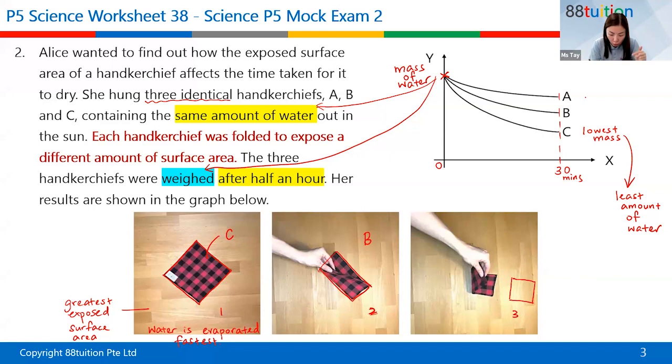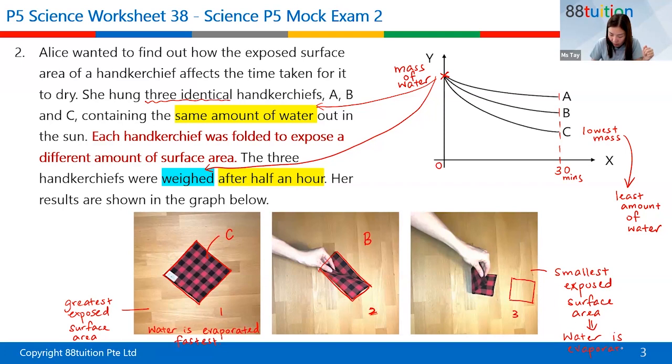All right. So the one with the smallest exposed surface area, meaning least, or shall I put it the same way?